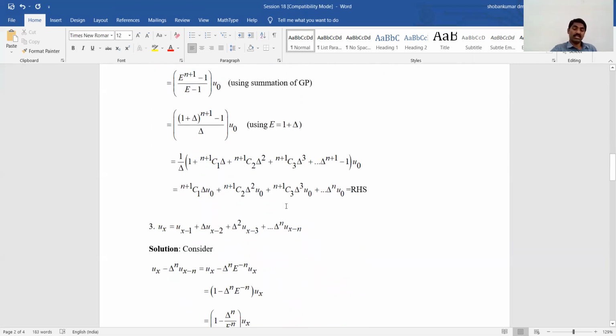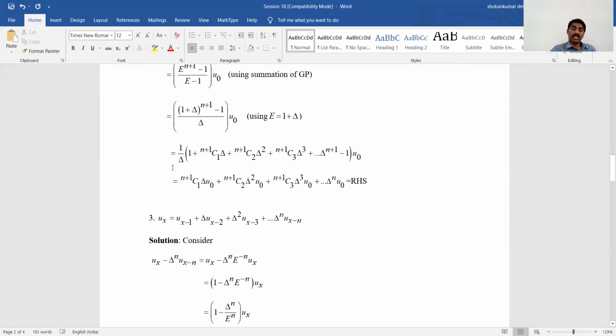We are using this relation. Now delta take it outside, remaining 1 plus delta all to the power n plus 1. Now expand this by using binomial expansion. Here 1 plus n plus 1 c1 delta plus n plus 1 c2 delta square plus n plus 1 c3 delta cube plus and so on, u naught. Now 1 by delta.